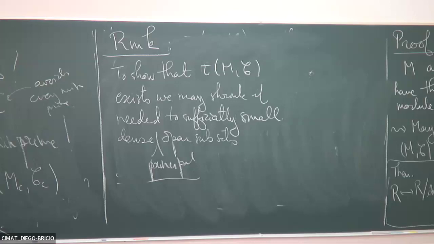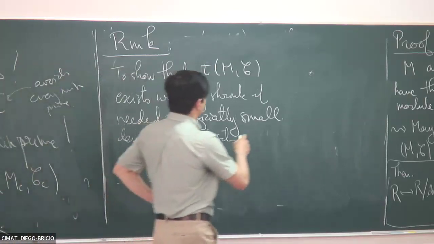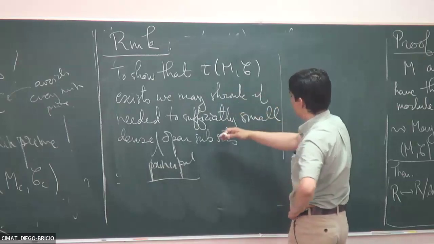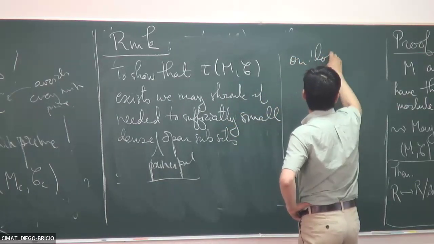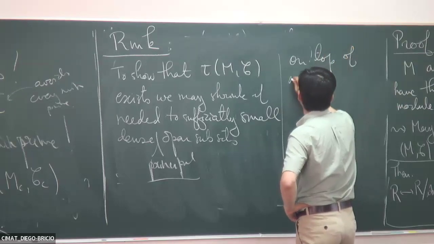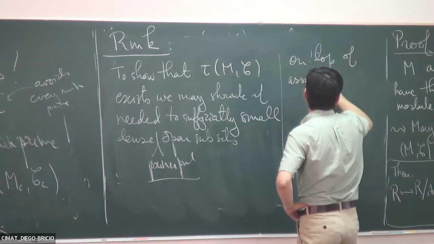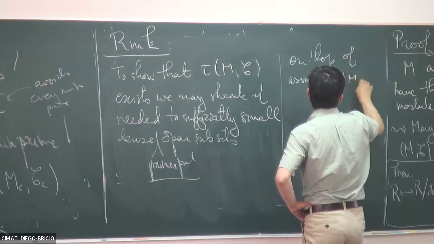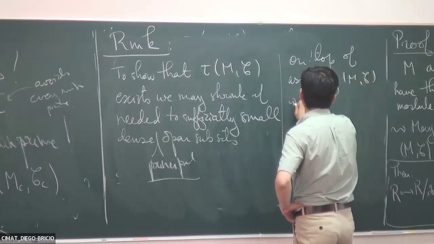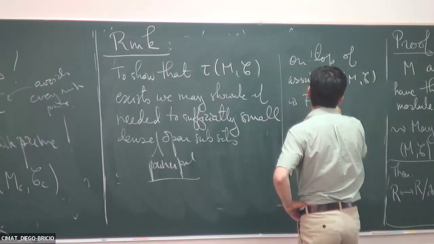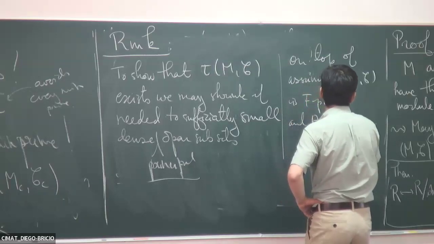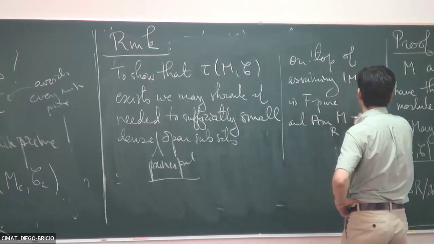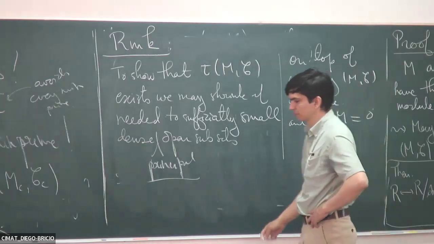Okay, so well, the other assumption we have is that, on top of assuming N comma C is pure and the annihilator of N to be 0, right? In particular, R is reduced.